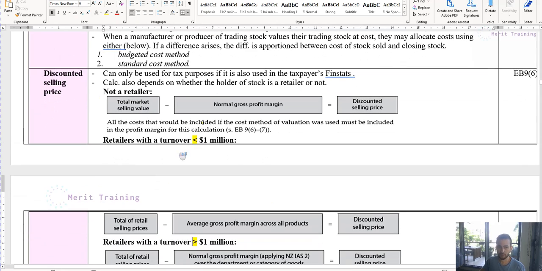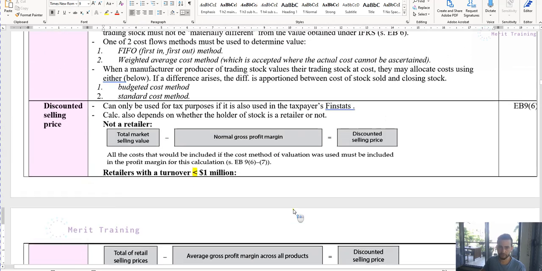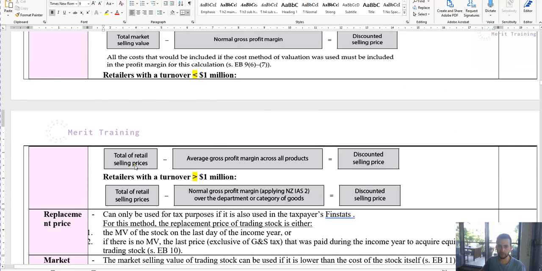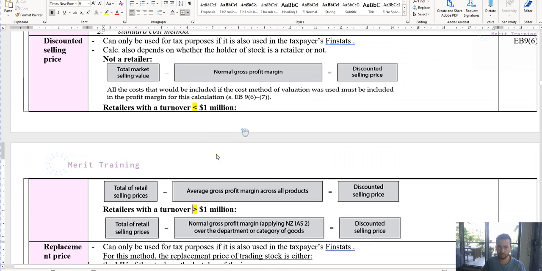Now, depending on which category you're in, there is a different formula. It's not too difficult, you just follow the formula. So if you're not a retailer, it's just market selling price less gross profit equals your discounted selling price of that stock. If you are a retailer with turnover of less than $1 million, it's the total of retail selling prices. So notice the difference between market selling value versus retail selling prices. It's your RRP basically, minus your average gross profit margin across all products.